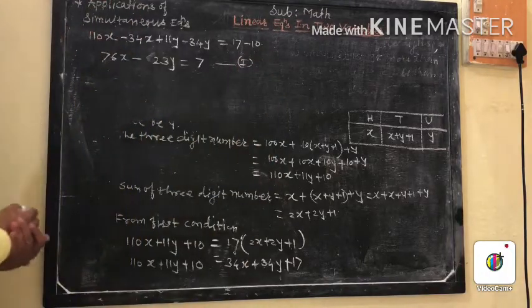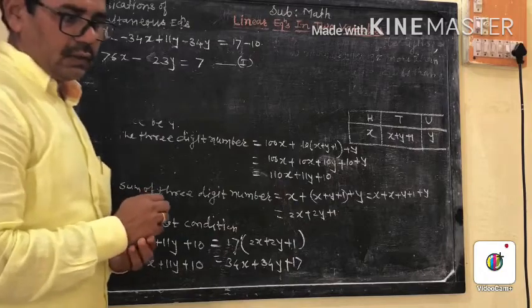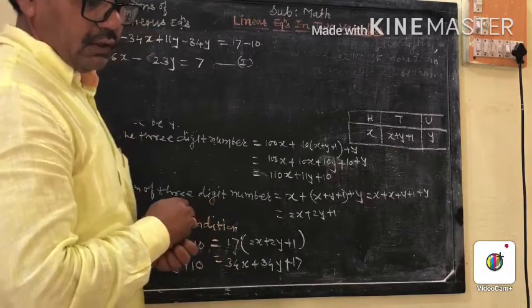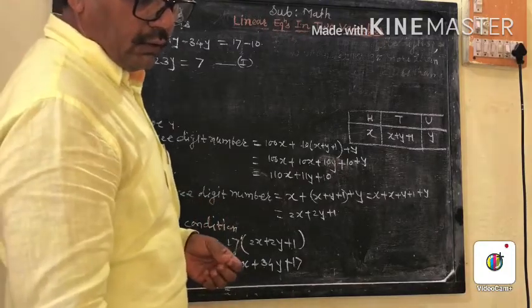Okay. Now the second condition, what is the second condition given? If the digits are reversed, the new number is 198 more than the old number.